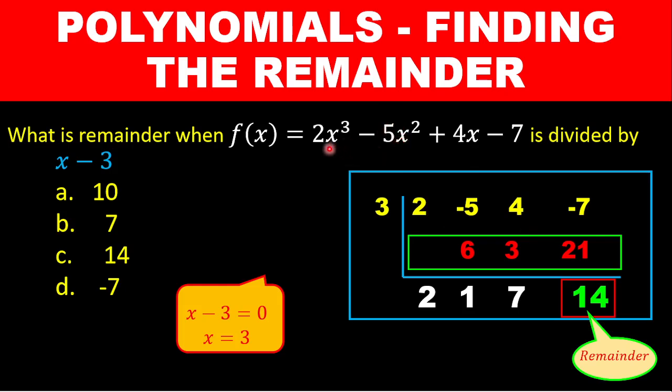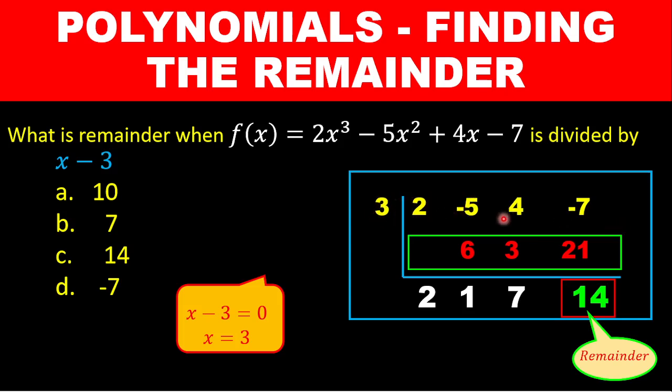First of all, for x cubed, its coefficient is 2. So this 2 is what I have here, because this is the first number. And then for x squared, its coefficient is minus 5, so I have minus 5 here. And then for x, the coefficient is 4, so I have 4 here. And then minus 7, I have it here. So that is how we actually got these things.